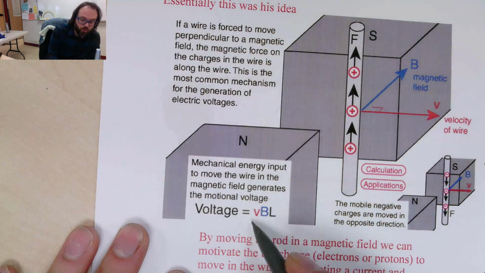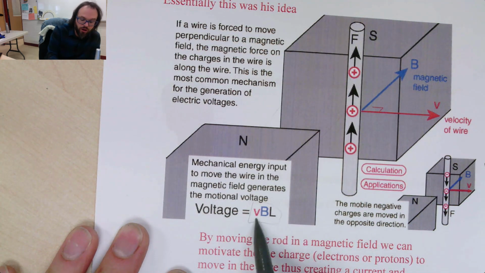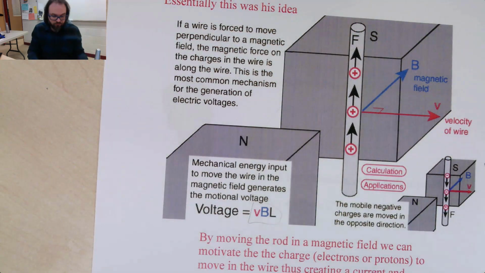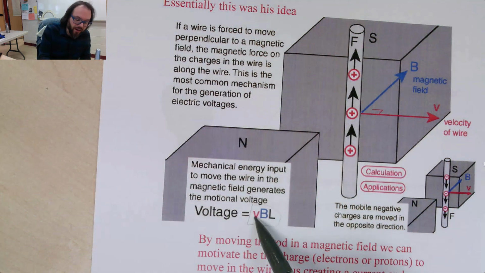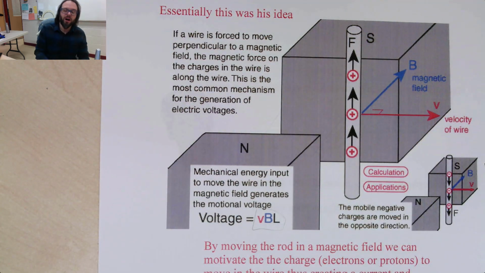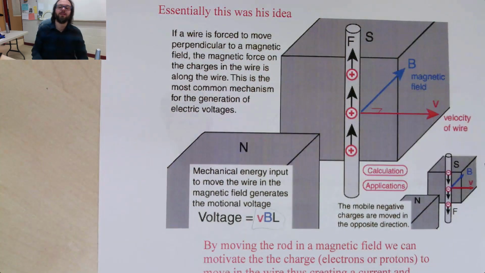So here's how we can figure out the voltage. It's velocity multiplied by magnetic field multiplied by the length of wire cutting through the magnetic field. So if I increase the velocity like we looked at before, I'm going to increase my voltage. I'm going to increase the amount of protons, in this case, moving up.